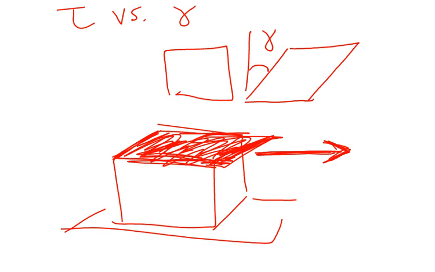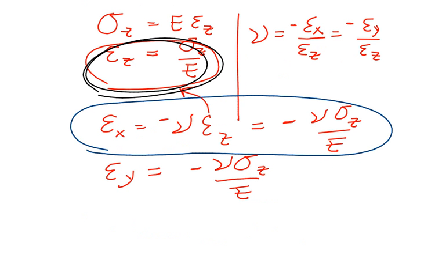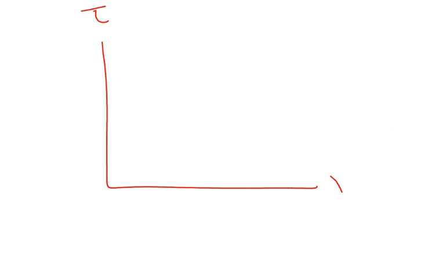What kind of plot do you think you'll get if you keep increasing your shear stress? I think a lot of people can imagine what's going to happen here. If you plot tau versus gamma for something like steel, you get a linear portion, you get this dip, and then you get that.